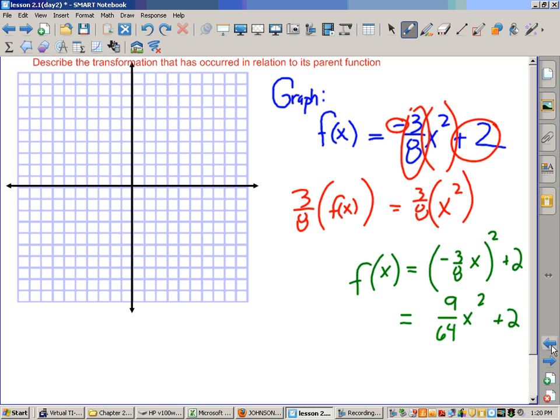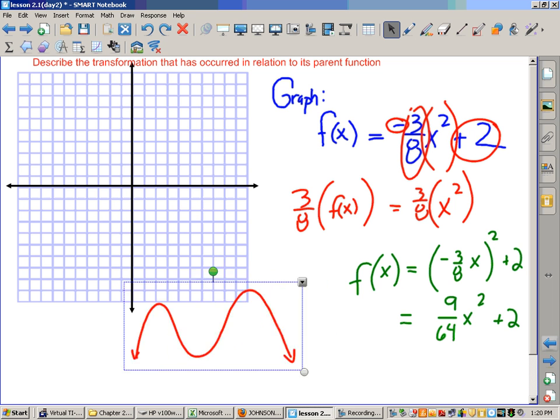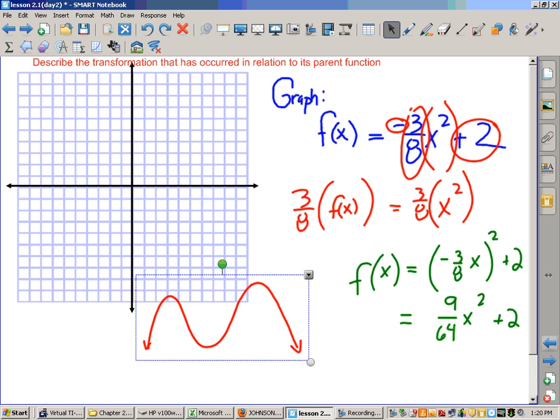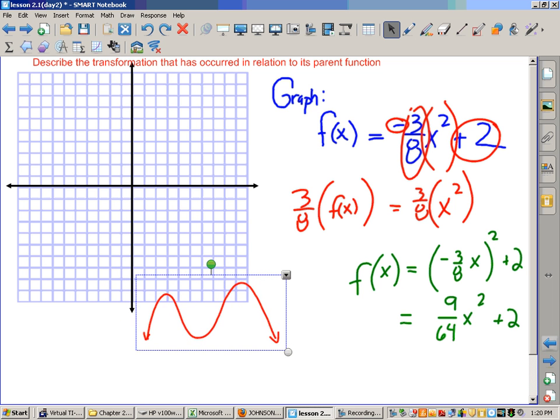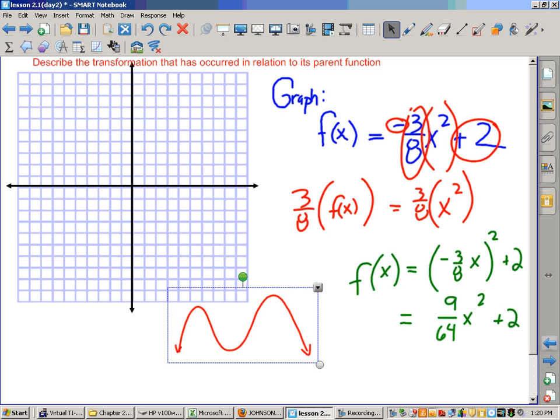Why am I talking about it now? When we get to trigonometry and pre-calc and calculus, I need you to understand that when I'm coming up here, it's not doing what I want, come on.